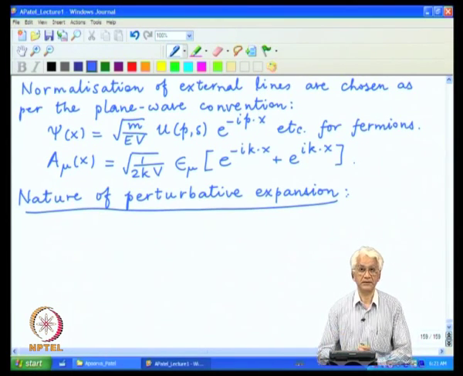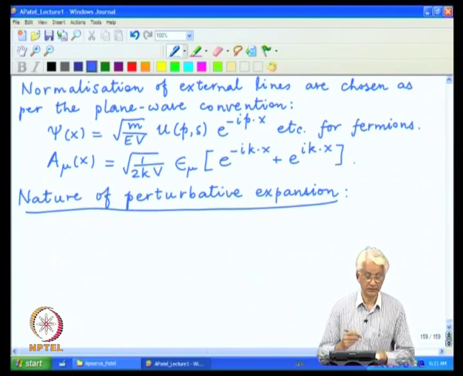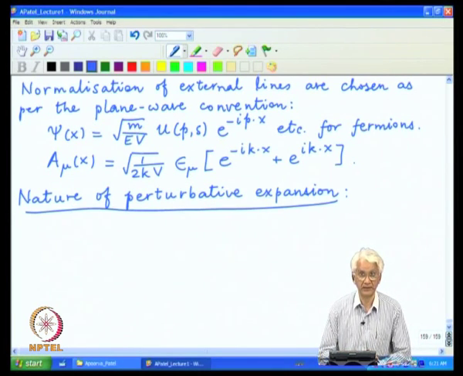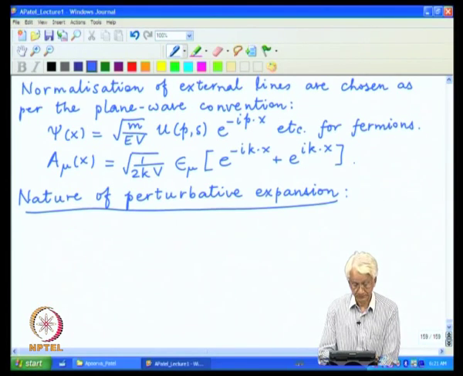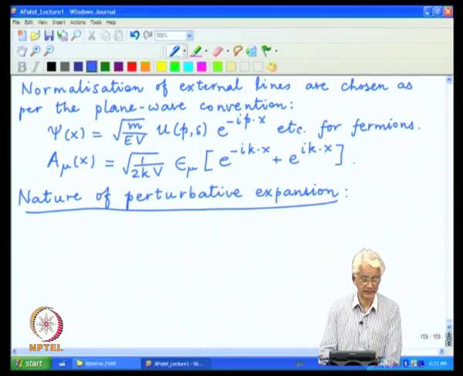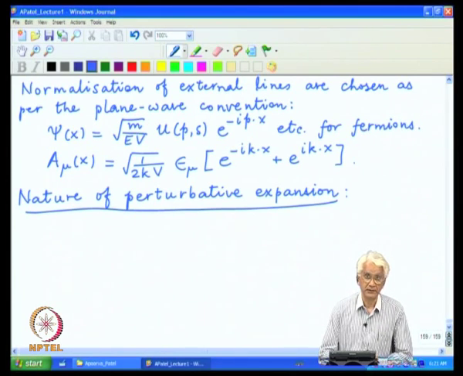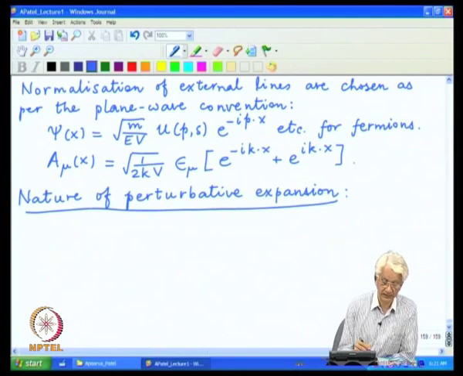We will get a series working out terms one by one in the analysis, but then we want to compare it with other kind of perturbative expansions which we have seen either in mathematical physics or in non-relativistic quantum mechanics, and compare what are the new features or related features which appear here.